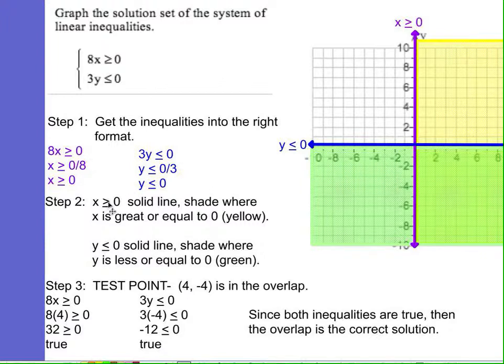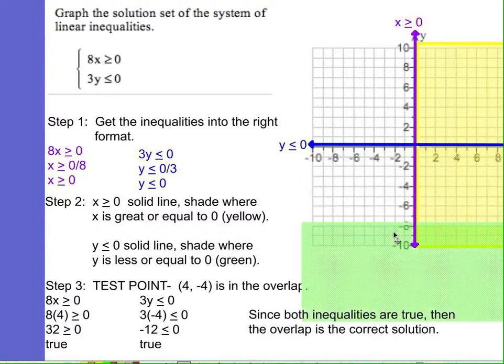Since all the numbers that are greater than 0 for x are on the right-hand side, we shade that region yellow. For y is less than or equal to 0, again, all the numbers less than 0 for y are below: -2, -4, -6, -8. So we're going to shade below the line.